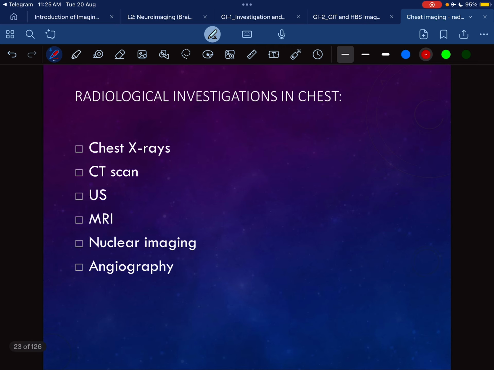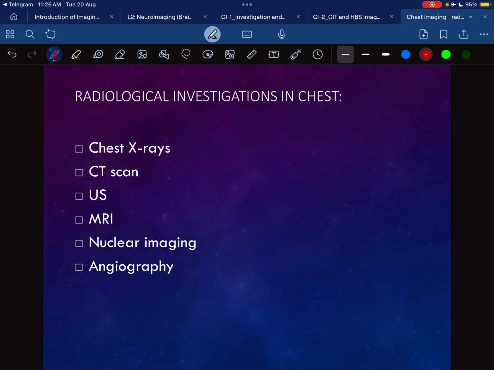CT, or chest imaging. Chest X-ray is the most common thing to use. Next is CT scan, ultrasound a few times, rarely MRI, nuclear imaging for metastasis. Good, go on. VQ scan. Anyone knows what a VQ scan is? PE.